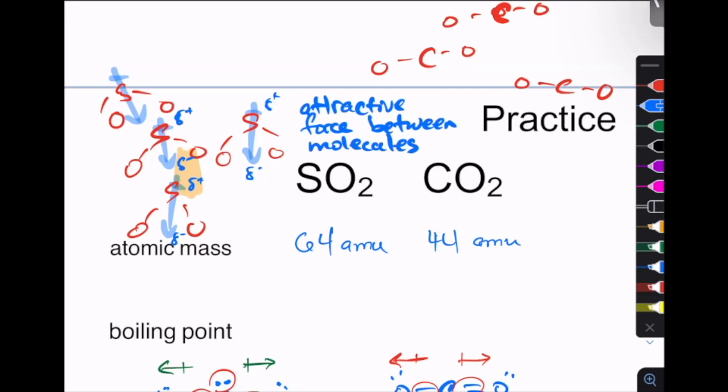So what do you think? Is it going to take more energy or less energy to get sulfur dioxide into the gas phase? Who thinks it's more? Who thinks it's less? Right, it's going to be more because there's an extra attractive force that you need to overcome to get sulfur dioxide into the gas phase.